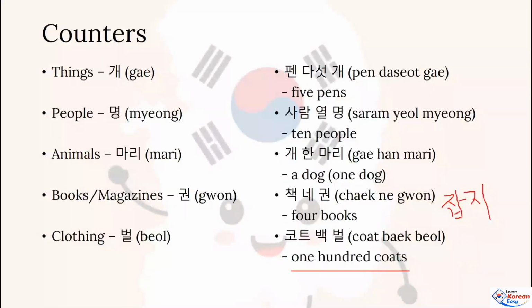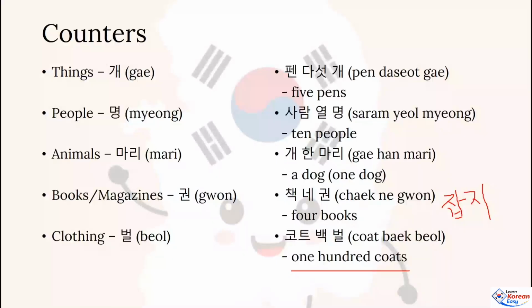That's fine too. 코트 10벌. Okay, so those were some of the counters. There are actually more, but these are the most general, most used counters.